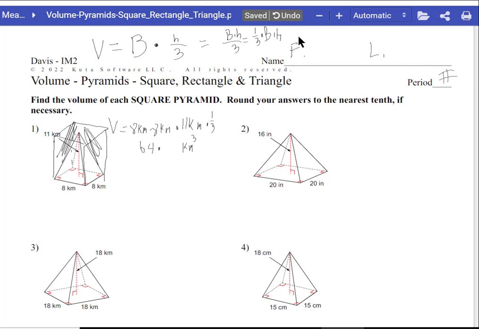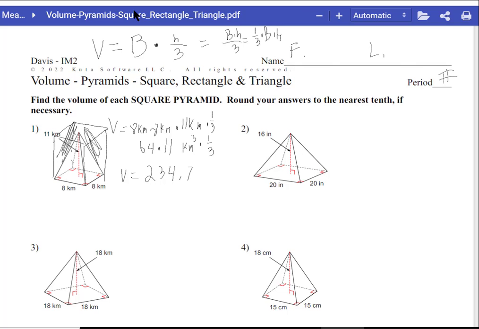Now I have this 11 here. And now I'm left with, what am I going to do to get this answer? Well, use a calculator. If I multiplied 64 by 11, I think I get 704. But I'm just going to multiply 64 times 11 divided by 3. And the volume is going to be 234.67.